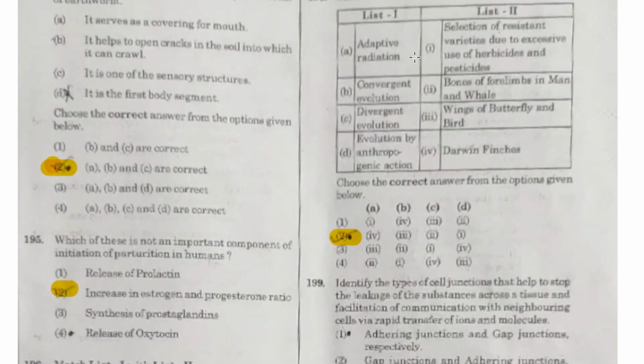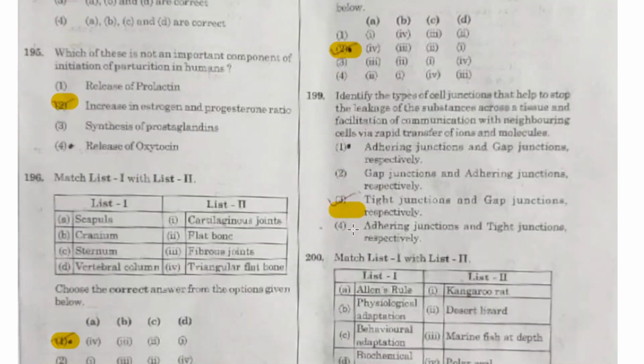And here adaptive radiation, you know, the Darwin finches have different sizes of beaks. Convergent evolution goes with wings of butterfly and bird, divergent goes with this, and then this is the fourth one. The D is the first option. So here it goes with the second choice.